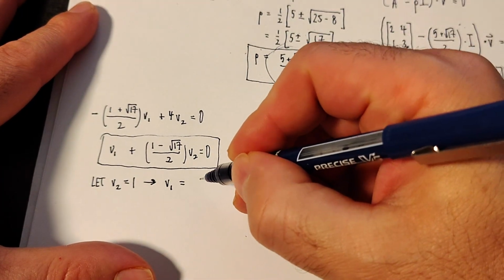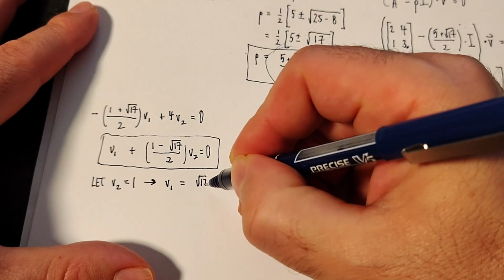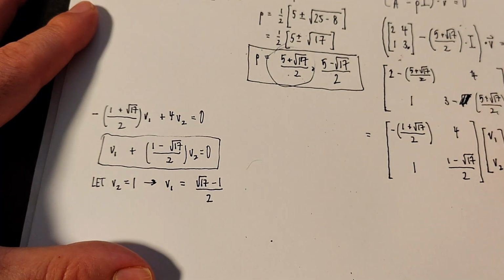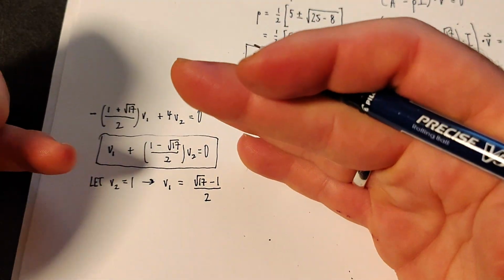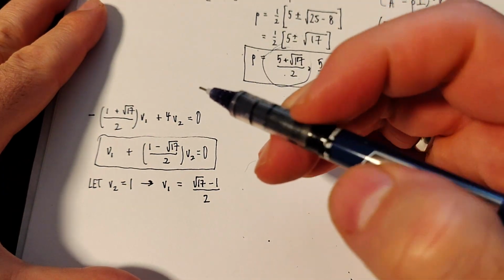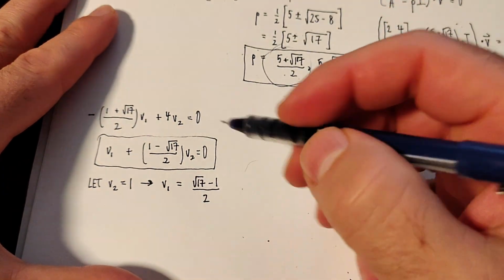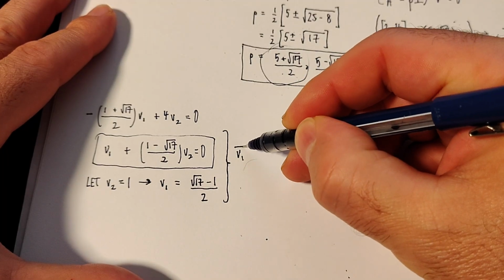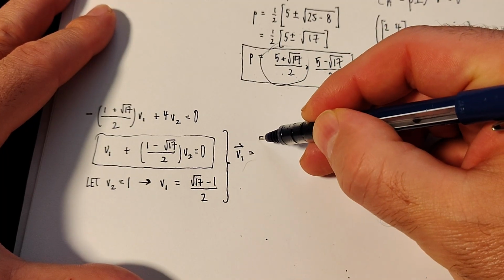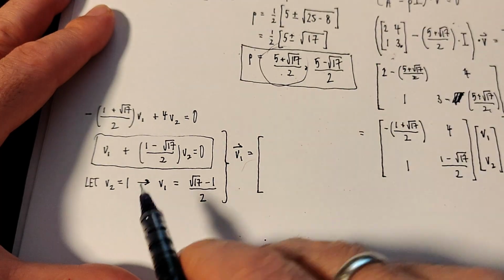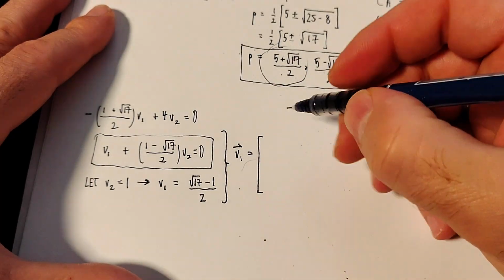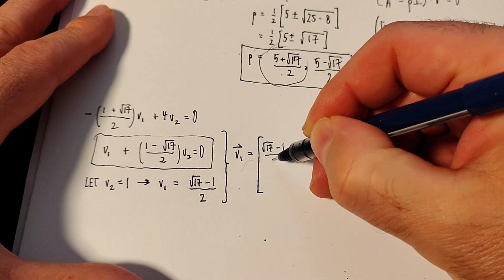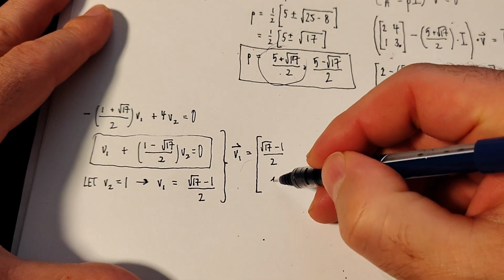So that's going to be root 17 minus 1 over 2. Okay, so this gives us our first eigenvector. v1 is going to be equal to what we wrote here, root 17 minus 1 over 2 and the number 1.